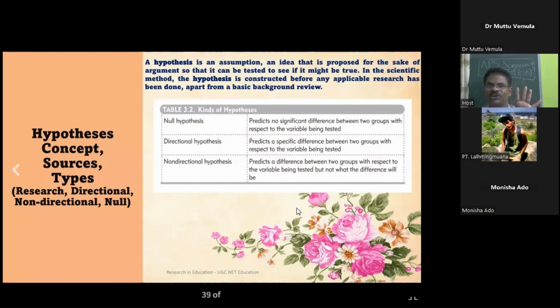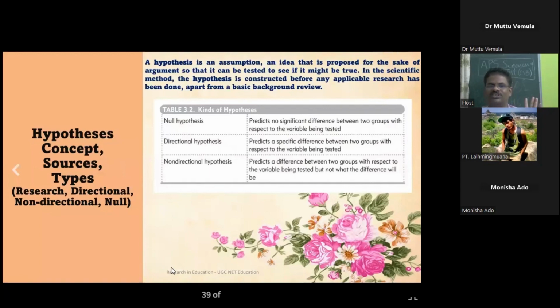Now, which one is not true? Yes, from this definition you could see, yes, hypothesis is an assumption. Hypothesis needs to be argued. Hypothesis needs to be tested. But hypothesis is not for proving. We don't prove hypothesis, we don't disprove hypothesis. The researcher's intention is not proving or disproving.